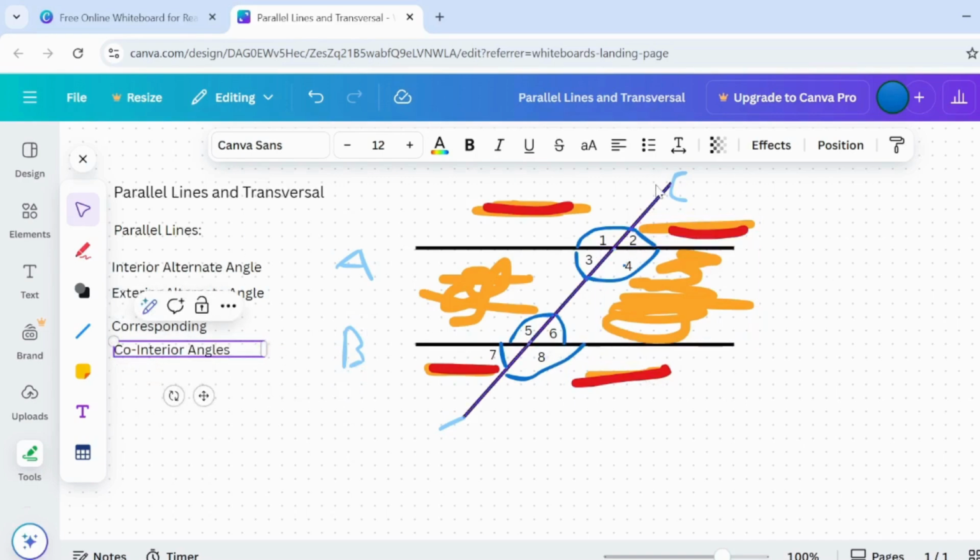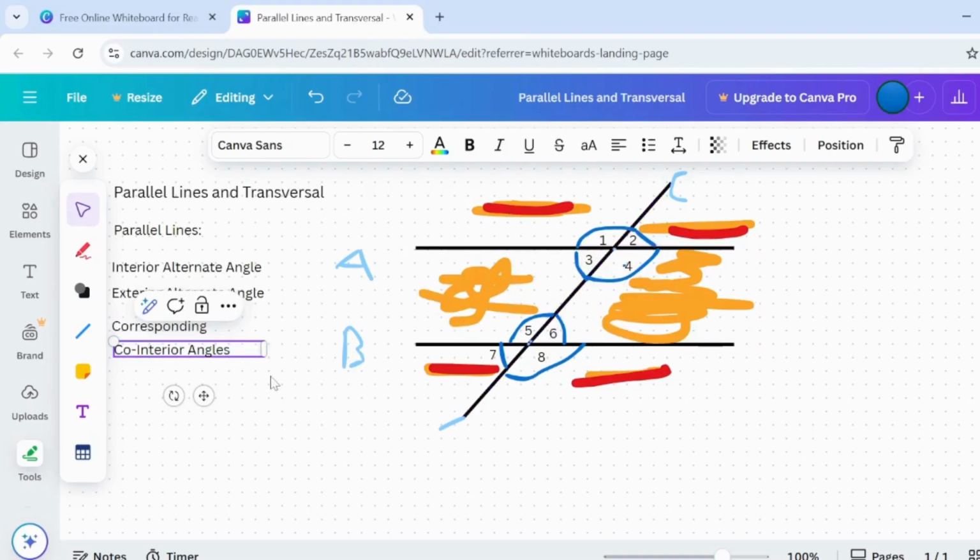So let's say C is the transversal over here. Let's take one side of the transversal, like the right side. Angle 4 and angle 6 are co-interior angles because they lie in the interior region and on the same side of the transversal. So these are co-interior angles. Here 3 and 5 are also co-interior angles.